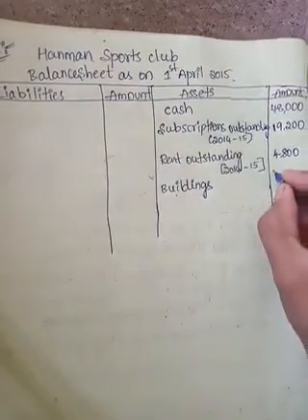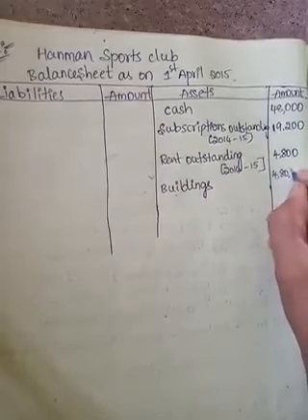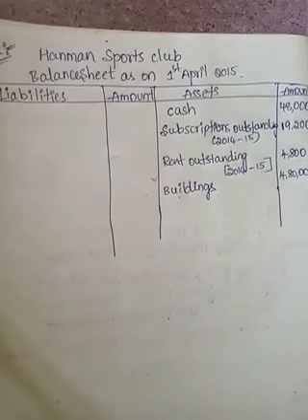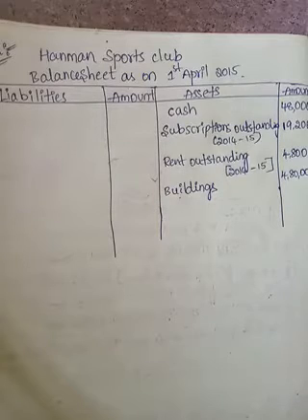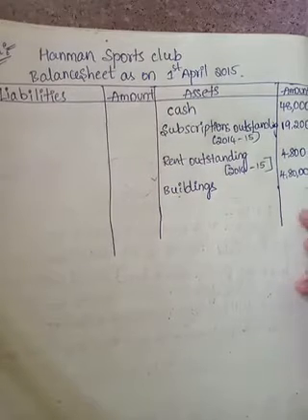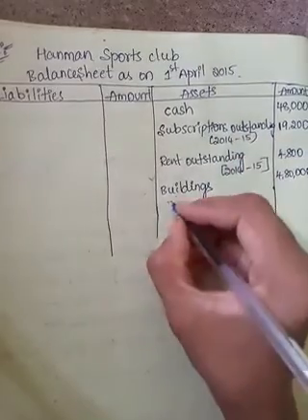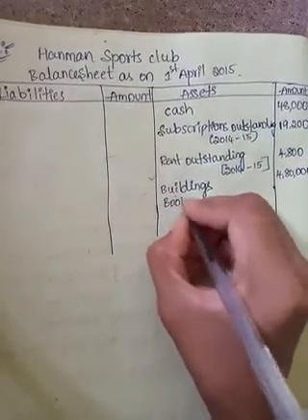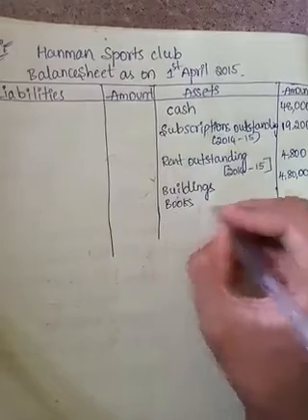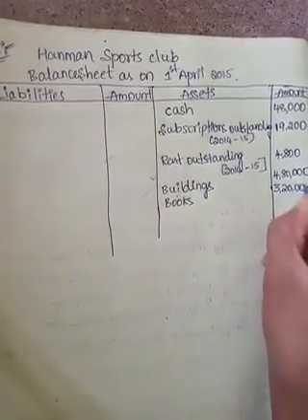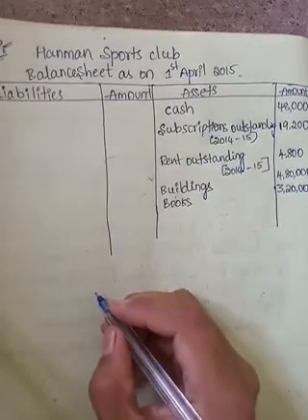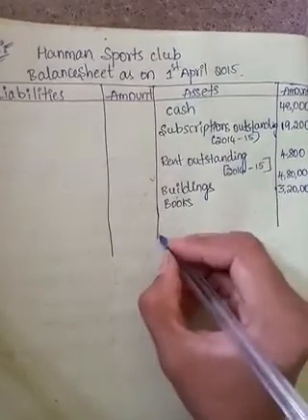Buildings value is 4,80,000. Next, books. Books is 3,20,000.